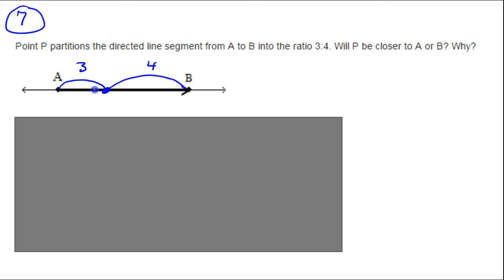It doesn't have to be lengths 3 and 4, but this would be one way to partition so that the ratios would be 3 to 4 from A to B. So obviously if this had length 3 and this had length 4, then it's going to be closer to A.